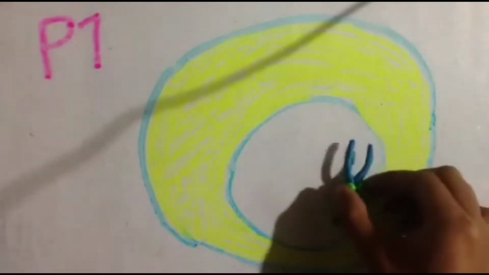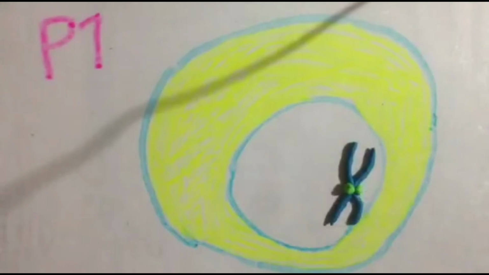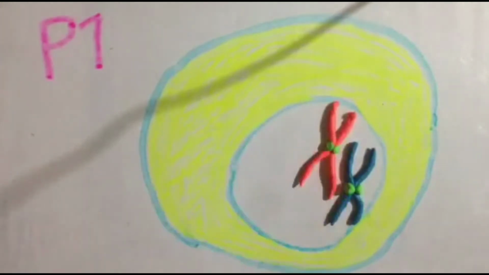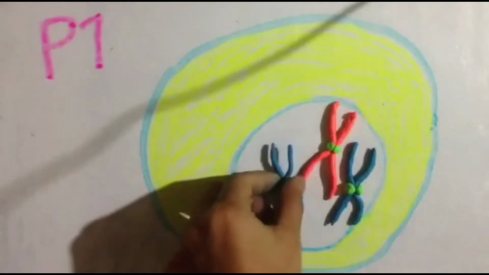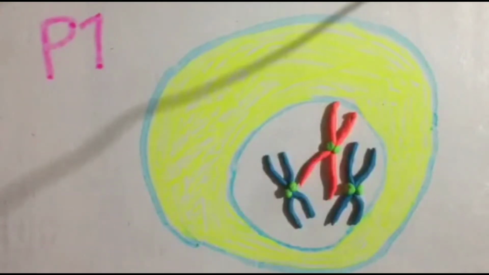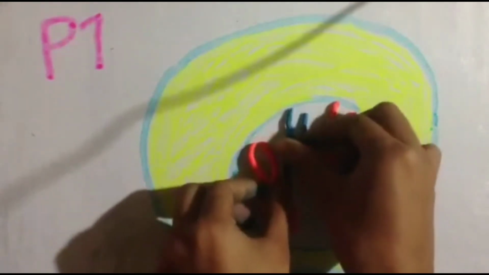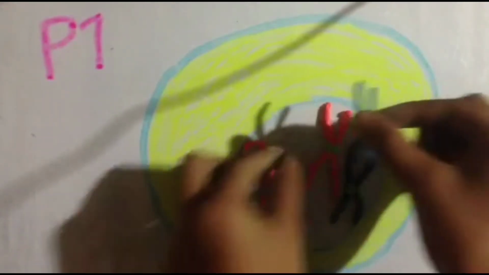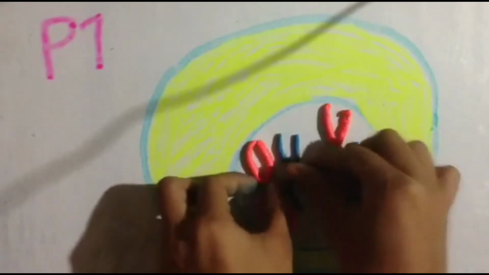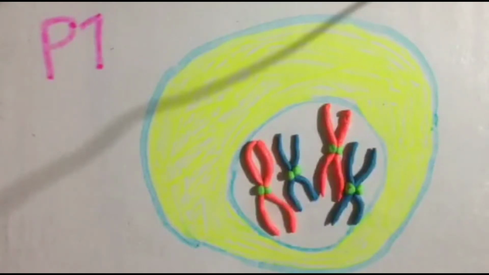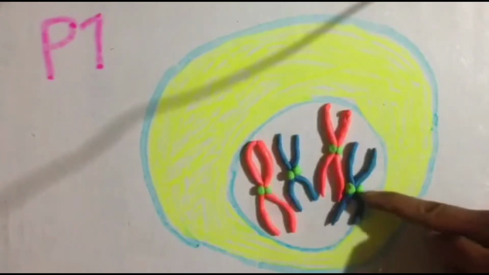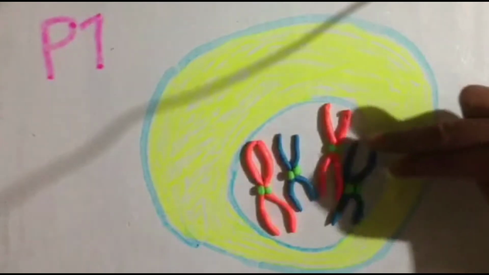Each chromosome consists of two sister chromatids containing identical genetic information joined by a centromere. And this is the centromere.